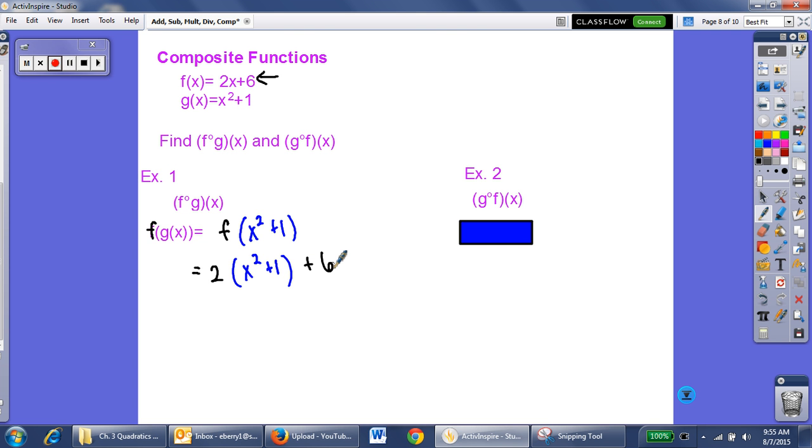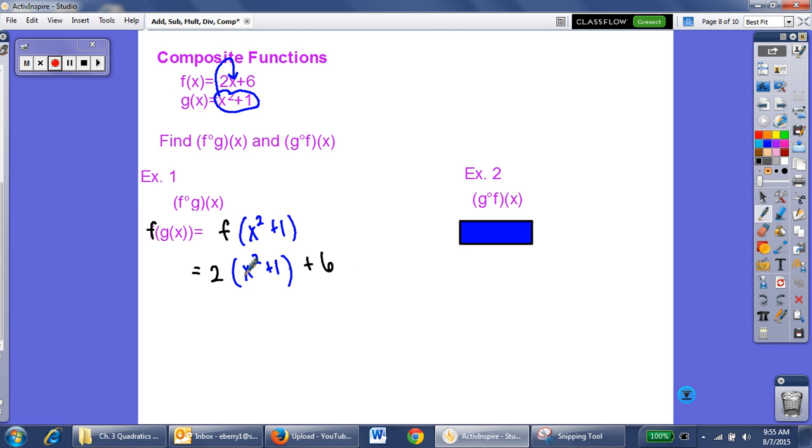If it helps, you can circle up here and show the substitution that way. So what we're doing, we're taking x squared plus 1, the g of x, and we're putting it in right here for x. So notice what I wrote. We have 2, and then instead of the x, we have x squared plus 1, since that's what g of x is, and then plus 6.